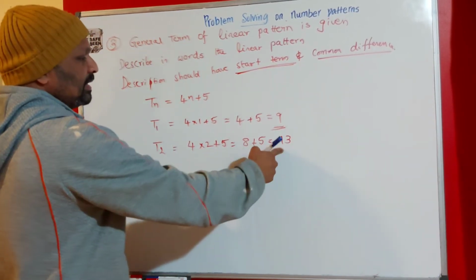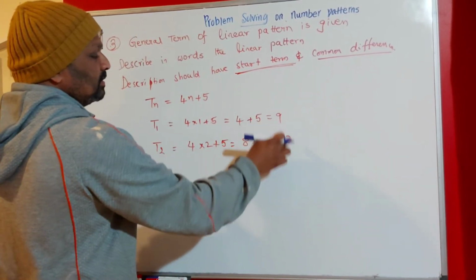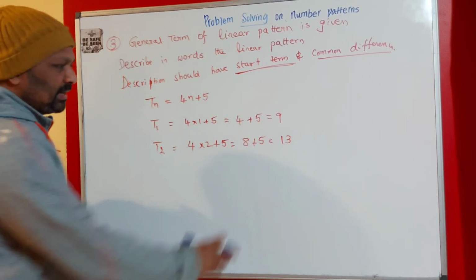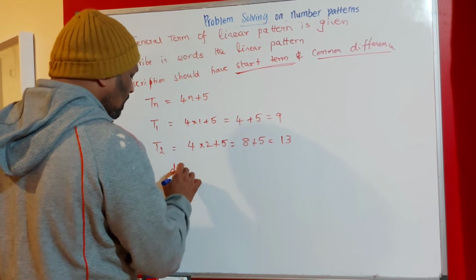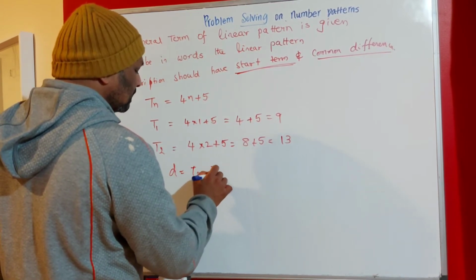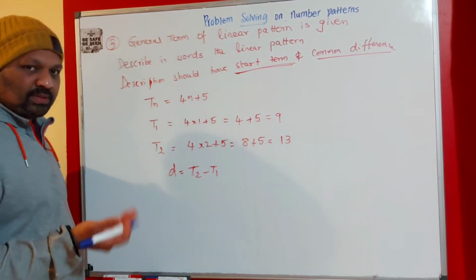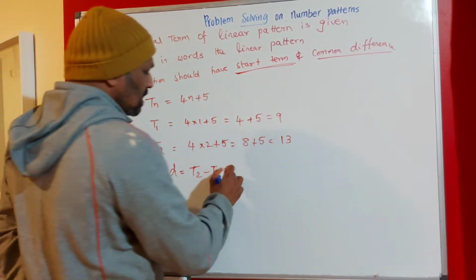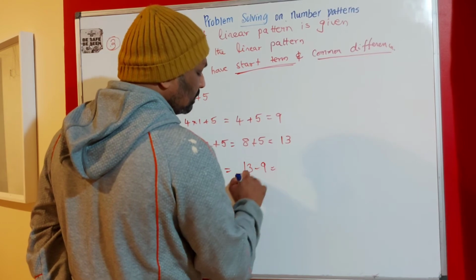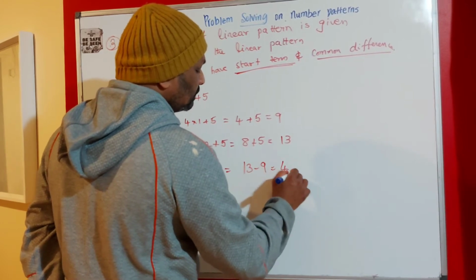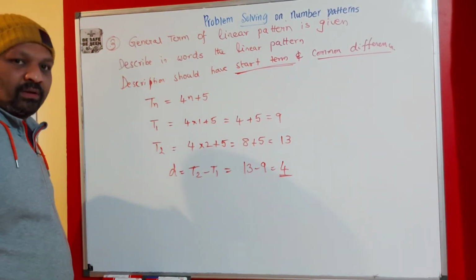The second term is 13. You know the first term, 9, and the second term, 13. How do you find the common difference? d is equal to T2 minus T1. T2 minus T1 gives you the common difference. What is T2? 13 minus 9, which is equal to 4.